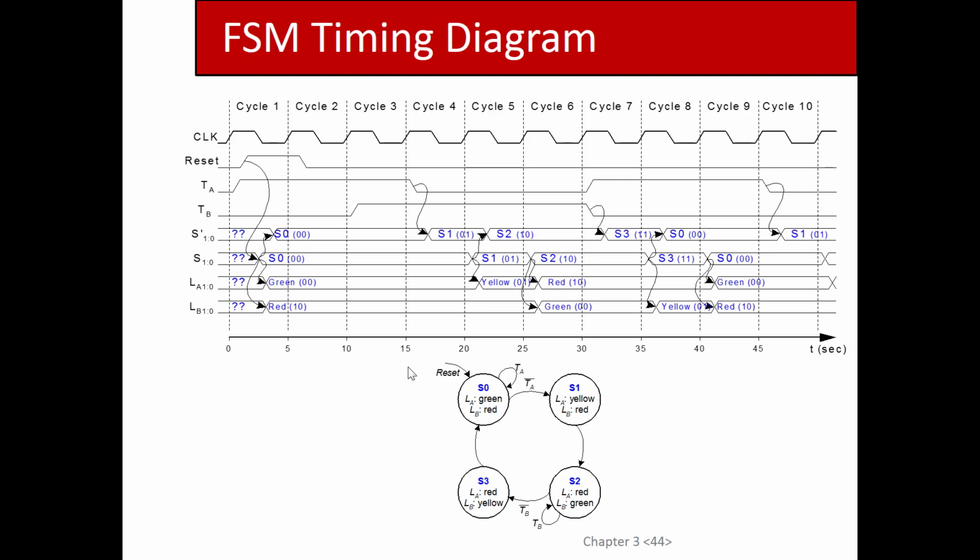The current state is only going to transition at most once per cycle. The next state logic is combinational. So if I were to toggle the inputs arbitrarily within a cycle, you might see the next state, which is S prime, change multiple times within one clock cycle, but the current state only changes once per clock cycle.